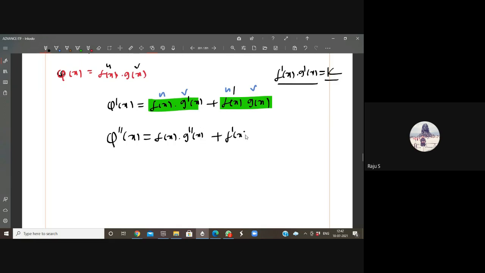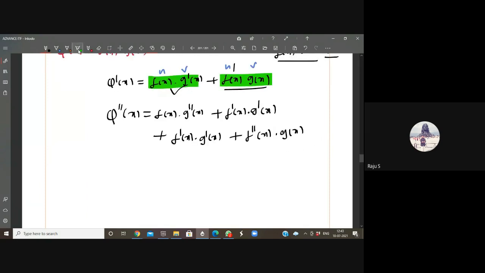Now f dash of x into g dash of x is as it is. Okay, I differentiated this value. Next I am going to differentiate this value: f dash of x into g of x, derivative g dash of x, plus f double dash of x into g of x.